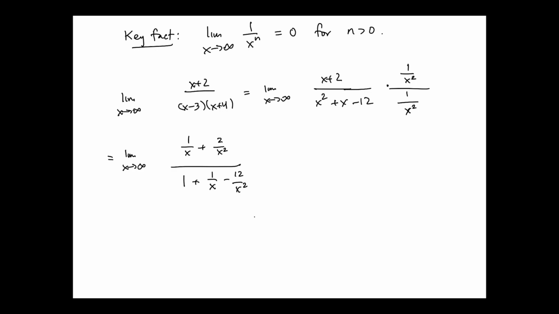And then if I take the limit at the top, I've got the limit of a sum. Well, what's the limit of a sum? The sum of the limits, right? And same thing in the bottom.